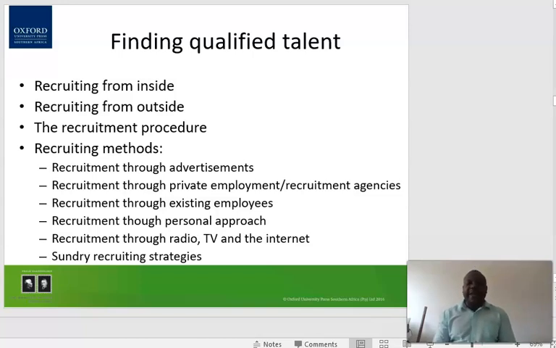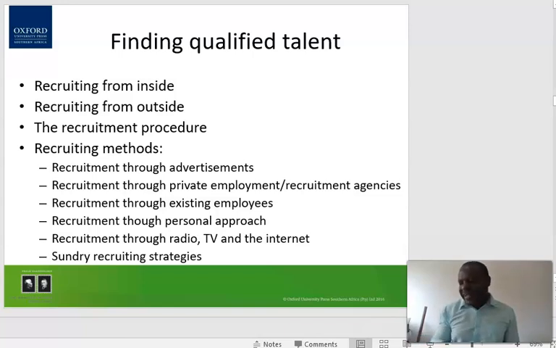Now we're looking at finding qualified workforce, finding qualified talent. And basically this speaks to recruitment, issues of recruitment. So whenever we speak of recruitment, we must know that recruitment basically revolves around finding qualified talent or finding qualified workforce.